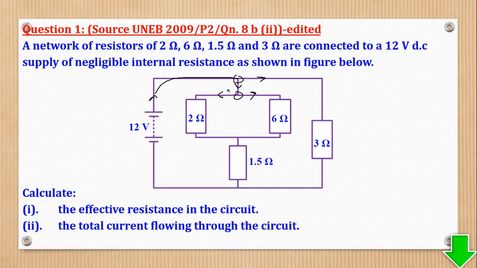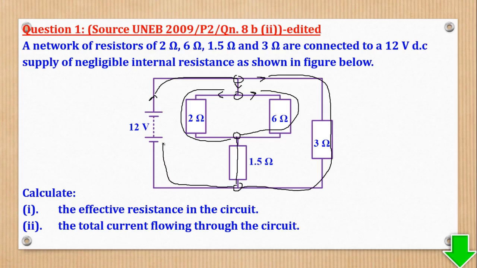Then they come and meet at this terminal, at the junction. So at that junction, they combine and go through this resistor. Then here, it will not divide because there is another one coming from this side.